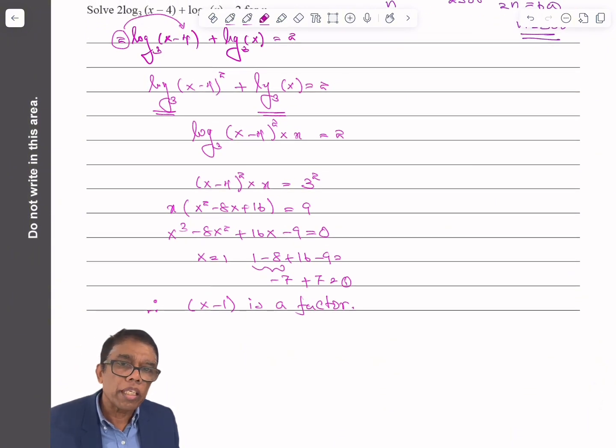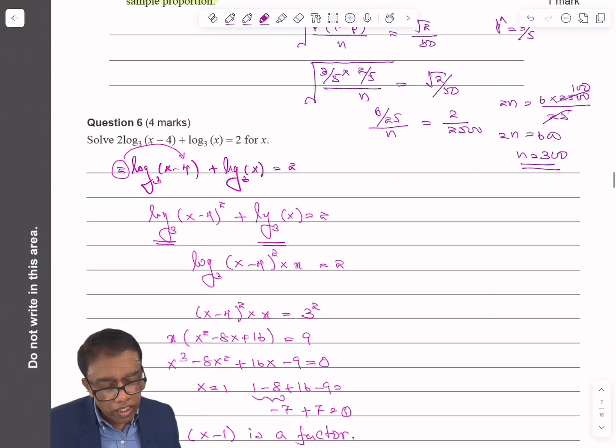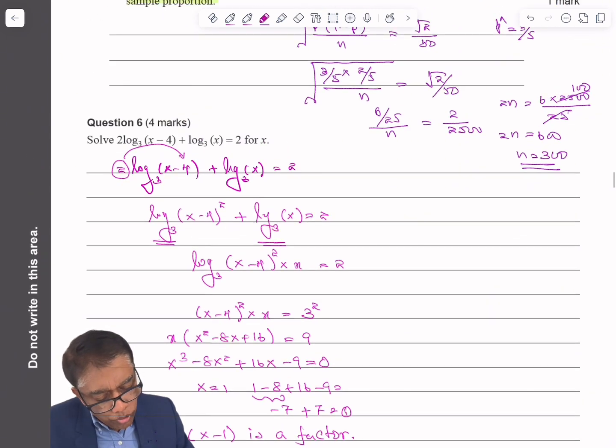We have to use either long division or, here, I'll use synthetic division. To use synthetic division, I'll write down the coefficients. The coefficients are 1, negative 8, 16 and negative 9. Then 1 is the factor.